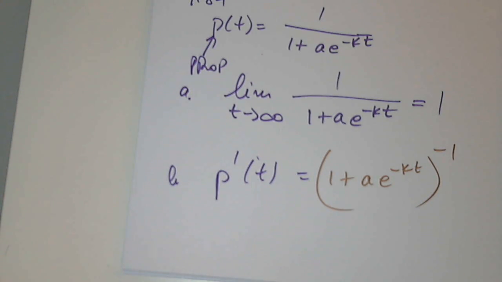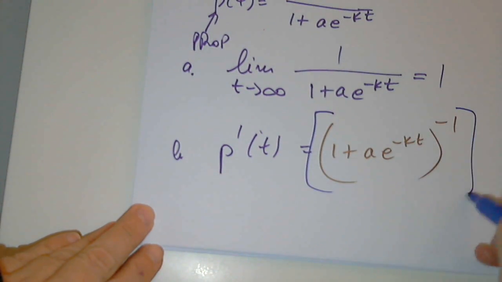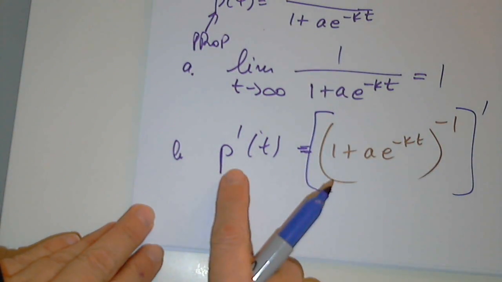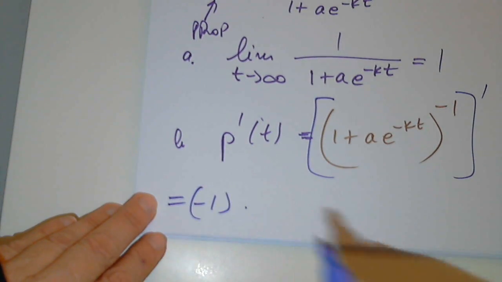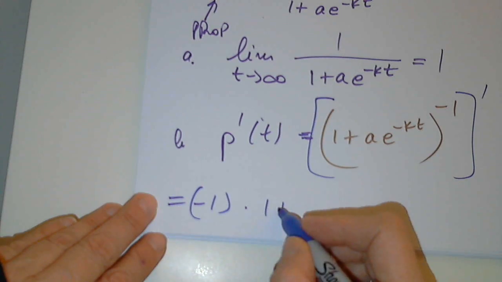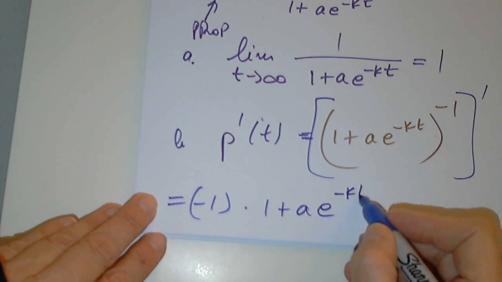Okay, so now I change 1 over 1 plus e to negative kt into this. And because I know the chain rule, now I will do what? So let's find P prime of t. So of course, yes, this is differentiated because I put P prime of t, I have to put the derivative over there. Indeed, so it's negative 1 times 1 plus a e to negative kt.